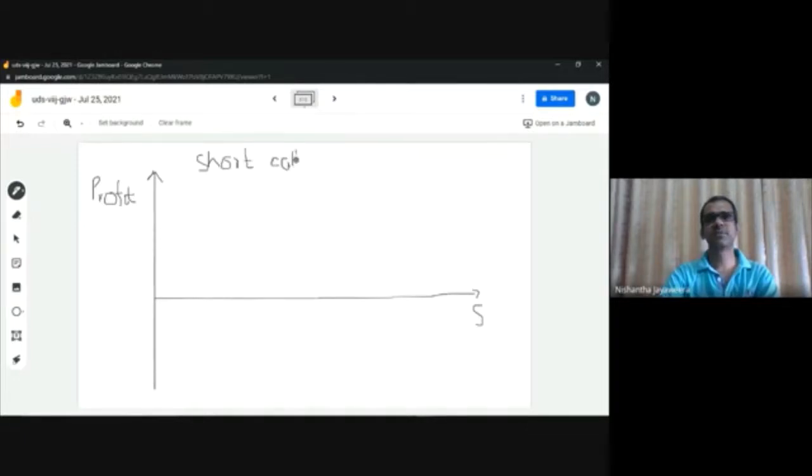Now tell me, what would be the shape of a profit diagram for a short call? That means you have sold the call option. What would be the shape of the profit diagram?